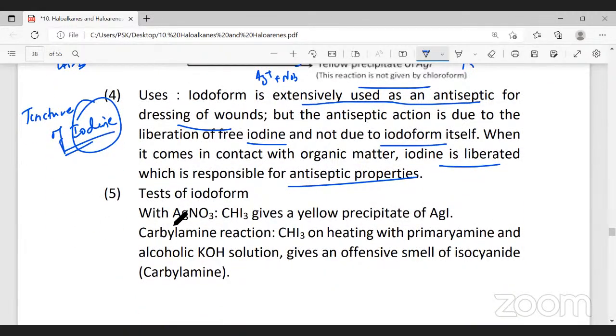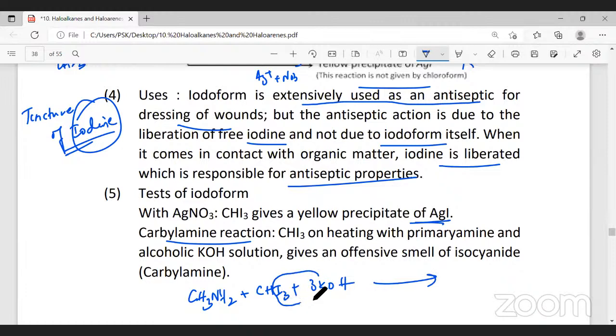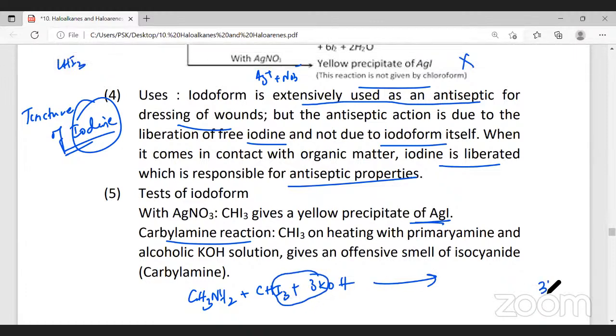Test for iodoform: with silver nitrate, iodoform gives a yellow precipitate of AgI. Carbylamine reaction, I told you just now: I wrote a primary amine like methylamine. When it is heated with iodoform, CHI3, in the presence of alcoholic potassium hydroxide, K and I get eliminated as 3KI, 3 OH groups and hydrogen get eliminated as 3H2O.